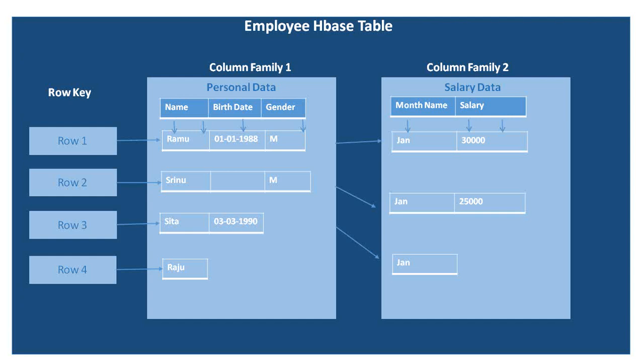By using this column family, here I'm showing only skipping a column, but suppose you have one more column family for personal data, like marriage status.